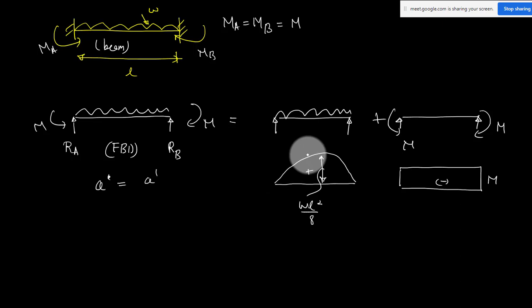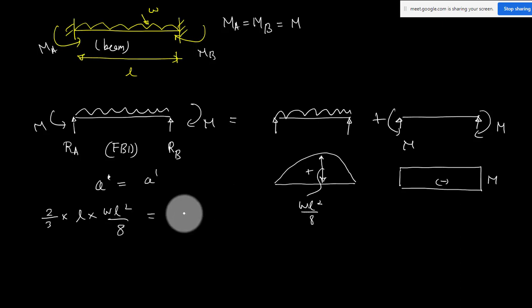So that means you can find out this parabola area. So 2 by 3, what is the equation? 2 by 3 into base L into height WL square by 8. So this area is equal to the area of this moment diagram, that is simply the area of the rectangle M into L. So the L is getting cancelled. You can get M is equal to WL square by 12. WL square by 12.